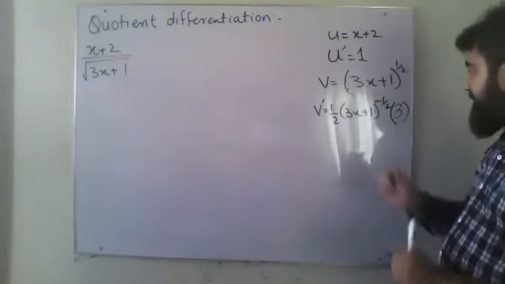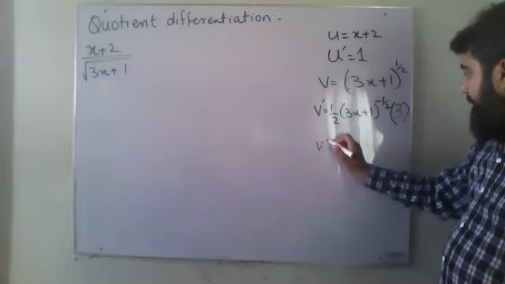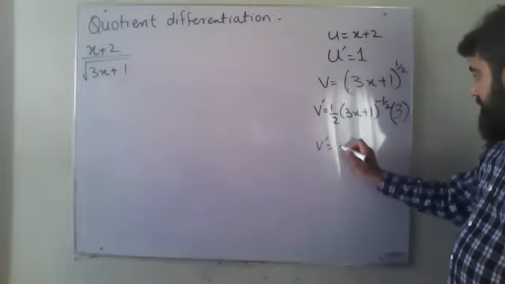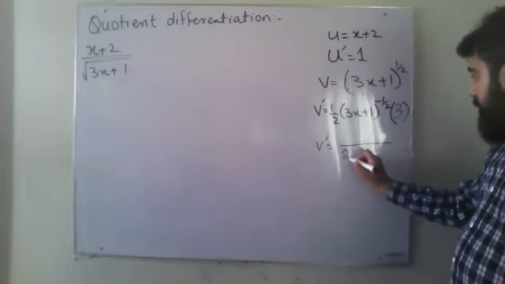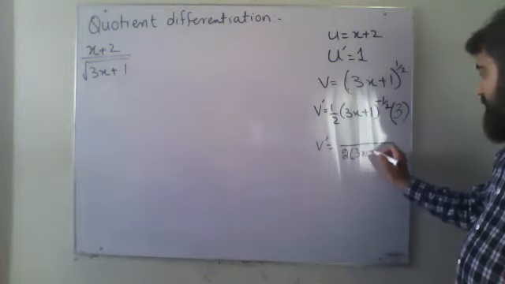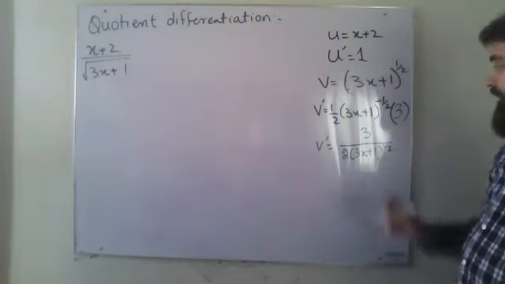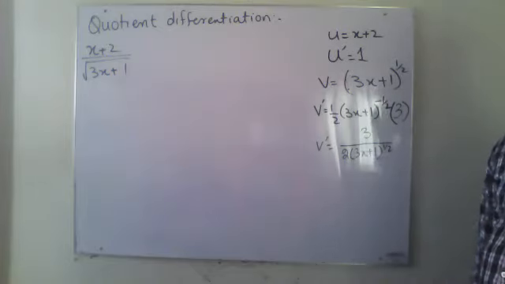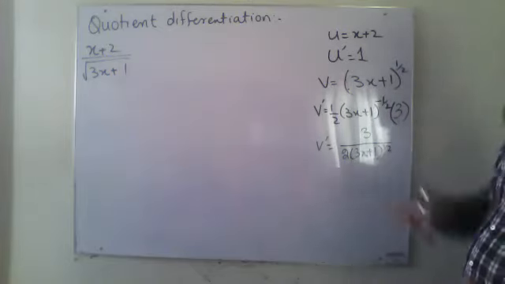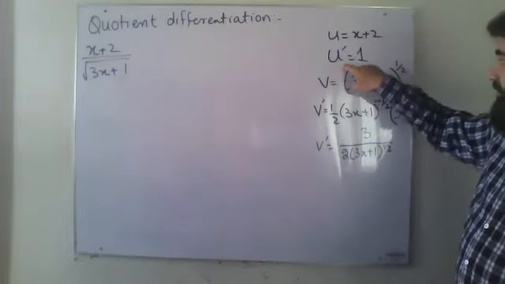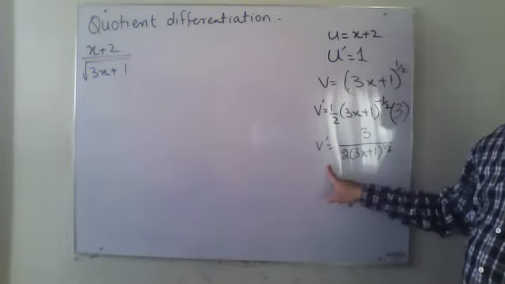So when I simplify it further, 2 3x plus 1 power half, and this 3 will be written as it is. Now I have got u differential and v differential.